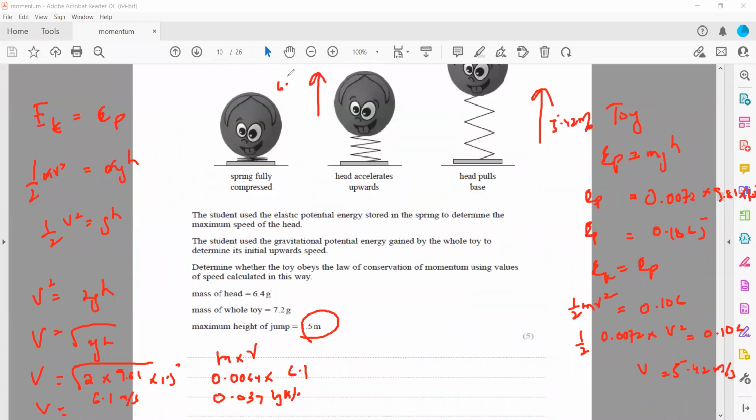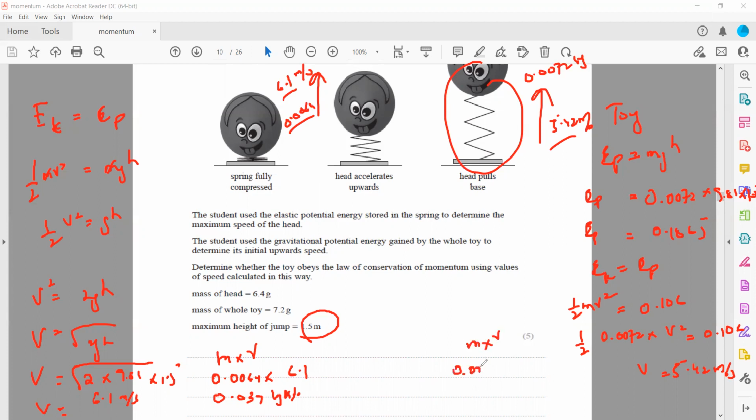And initially only the head was moving, with 6.1 meter per second. So when we calculate the initial momentum, it is the mass of the head, which was 0.0064, multiplied by speed. And the final momentum is the total, because the whole toy starts to move. The total mass of the toy is 0.0072 kilogram, and we multiply it by the speed at which it moves, 5.42, to get the final momentum.